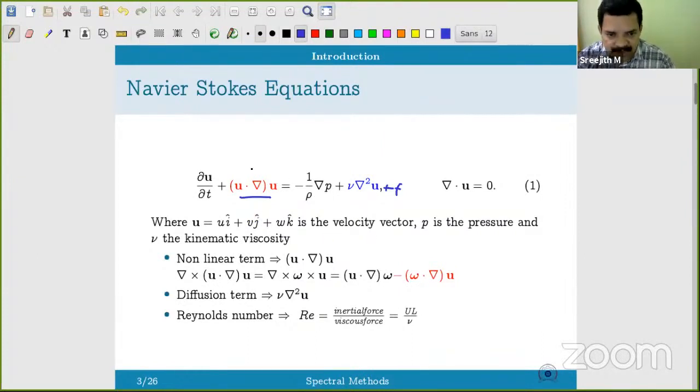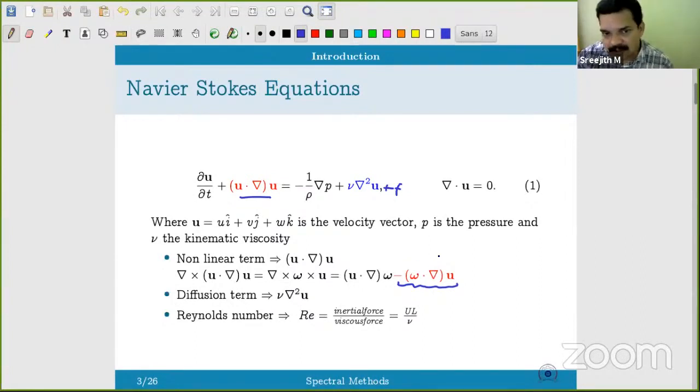The nonlinear term (u·∇)u can be expanded in terms of vorticity, giving two terms: one is the convection of vorticity, and the other is the stretching term, which is mainly responsible for the production of vorticity and causes the turbulence in the flow.